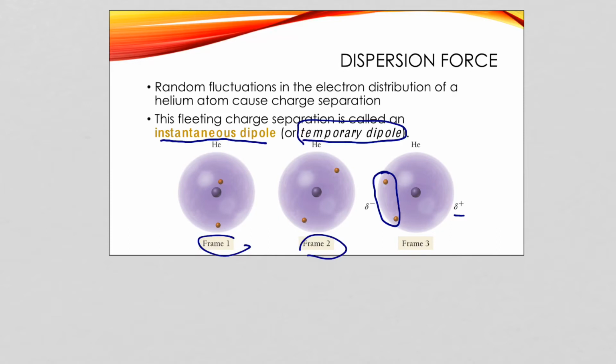So, while this one may go back to being like this, one atom over here might develop a dipole and cause it to spread out around it. So if you take all of this on average, within the whole sample you create these dispersion forces that will hold the atoms or molecules together.